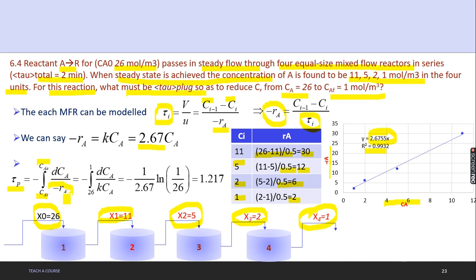We already know minus Ra equals K into Ca, and the K value is known, so it becomes dCa by Ca, giving ln Ca, with limits from initial concentration 26 to final concentration 1. So for the plug flow system, you integrate from 26 to 1. We found tau p to be 1.217. That's all.